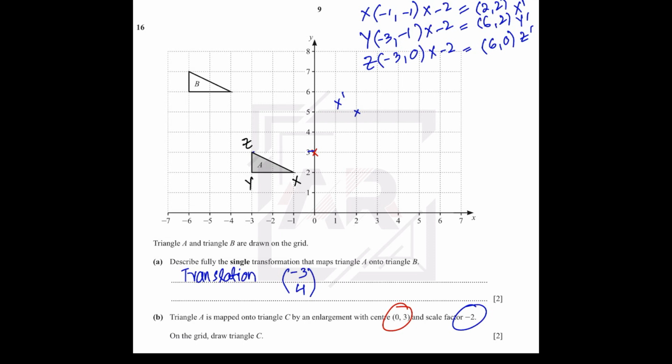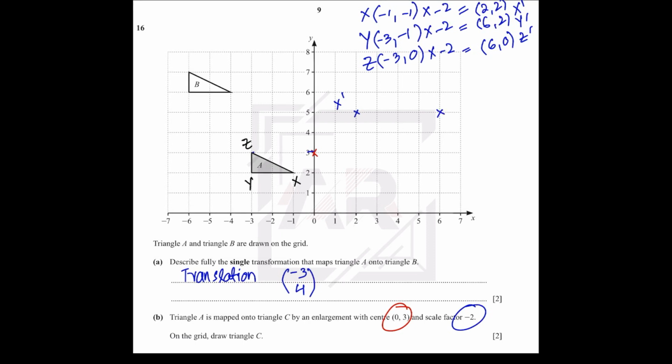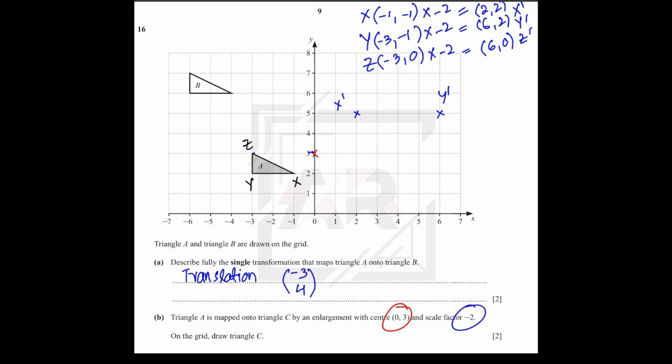Next we have 6 comma 2. 6 comma 2 is going to be right here. Why this coordinate? Because we are moving 6 steps towards the right hand side of the center of enlargement and 2 steps upward to the center of enlargement. Next thing we have is the Z dash, which is 6 comma 0.